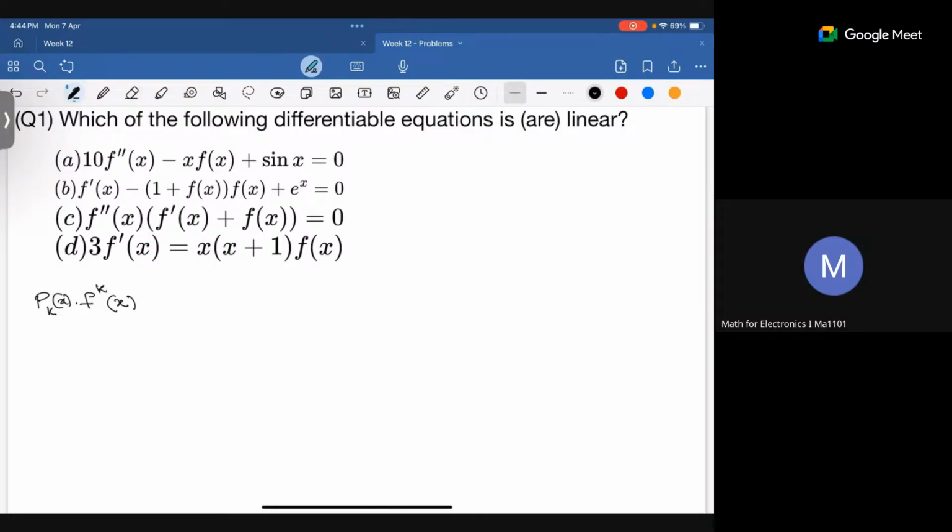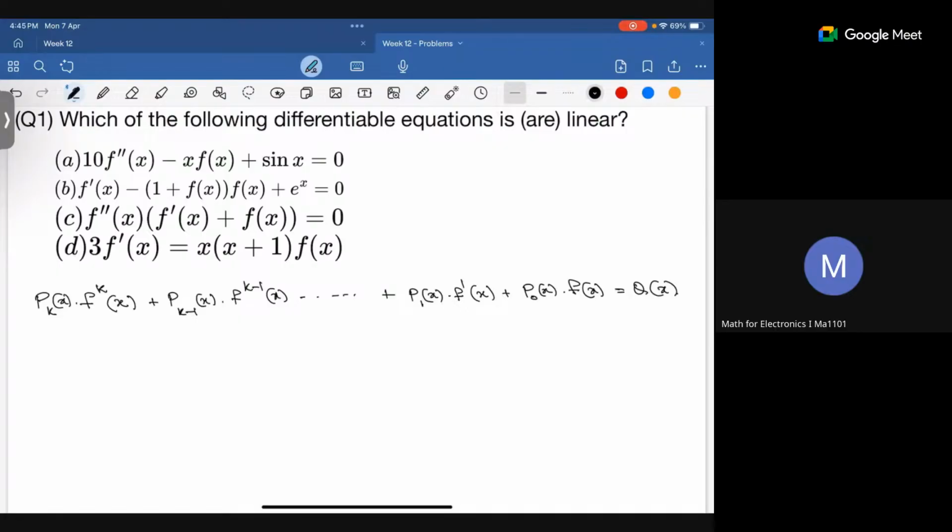Some function pk of x multiplied by f^(k), and p_{k-1}(x) f^(k-1) and so on, plus p1(x) f'(x) plus p0(x) f(x) is equal to some q(x).